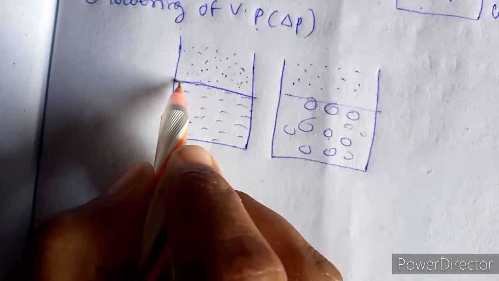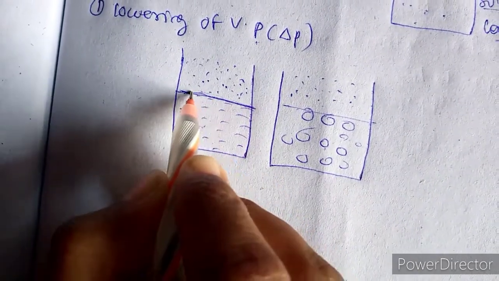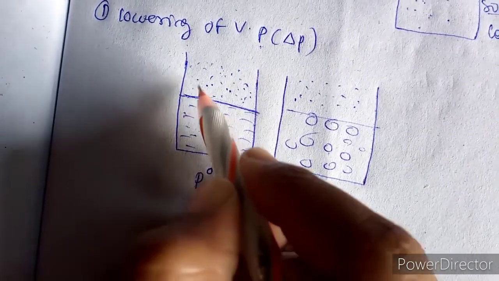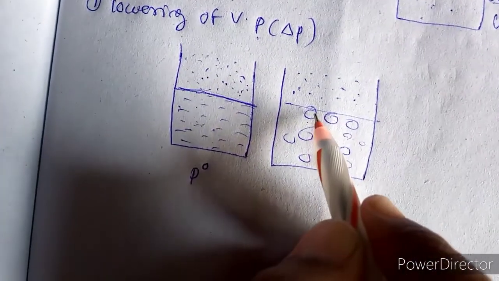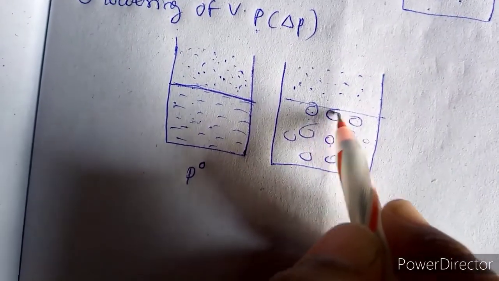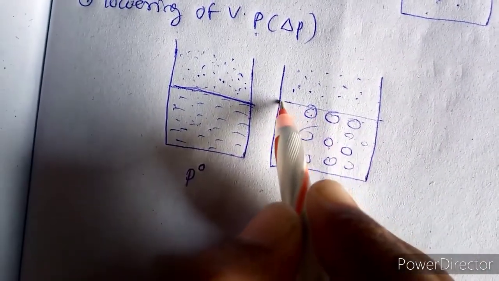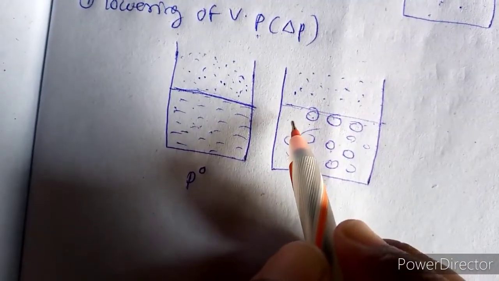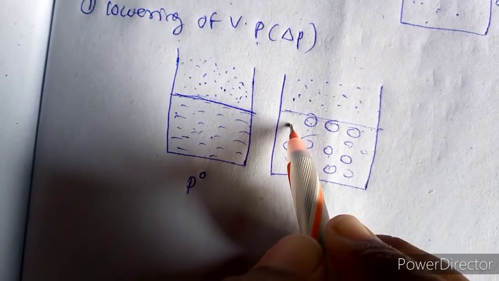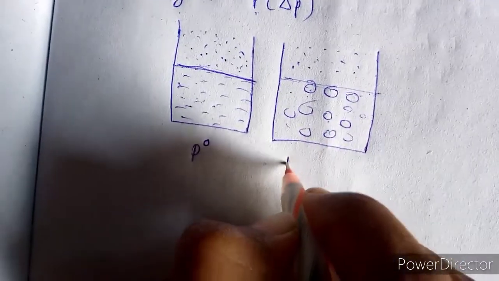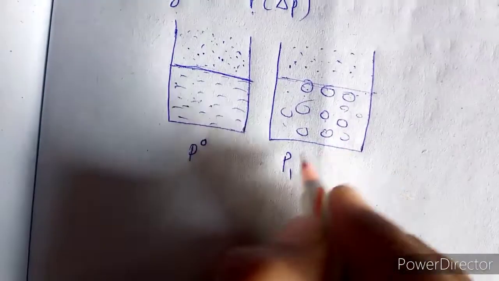In the pure solvent the surface area of the liquid is larger, so most of the liquid particles can convert into vapor. But here the solute particles occupy some of this surface area, so the liquid surface area decreases. That is the reason the number of liquid particles that can convert into vapor decreases. The vapor pressure of this solution is P1.